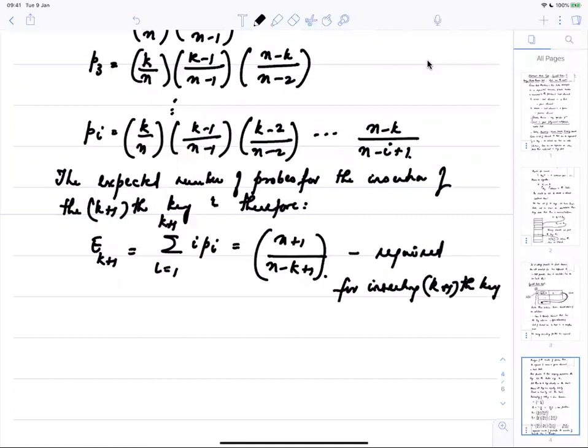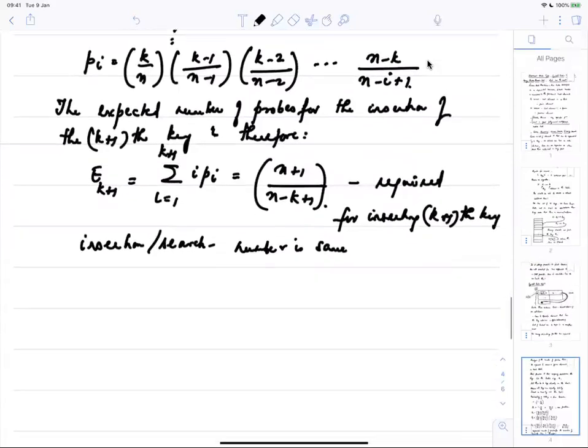And remember, whether it's insertion or search, the number is the same. Under retrieval also it's going to be the same.